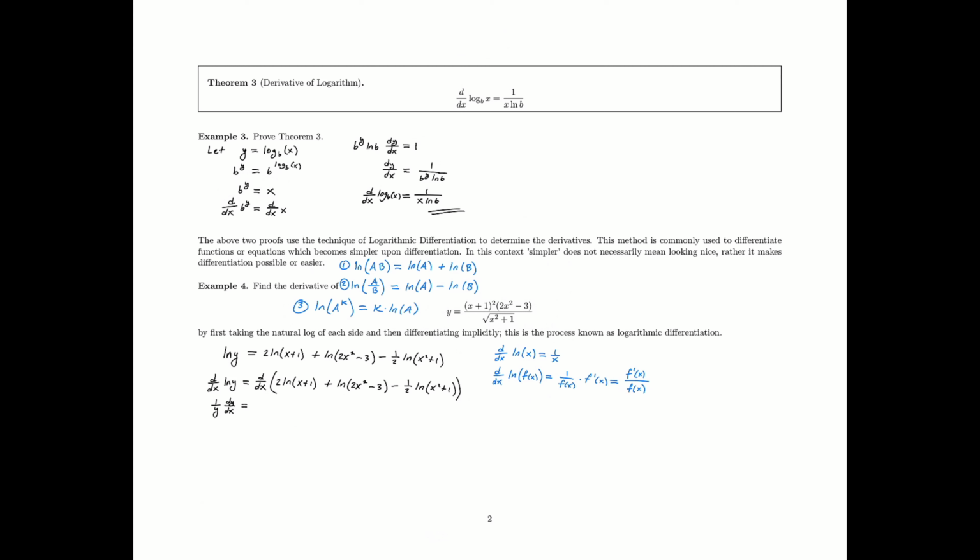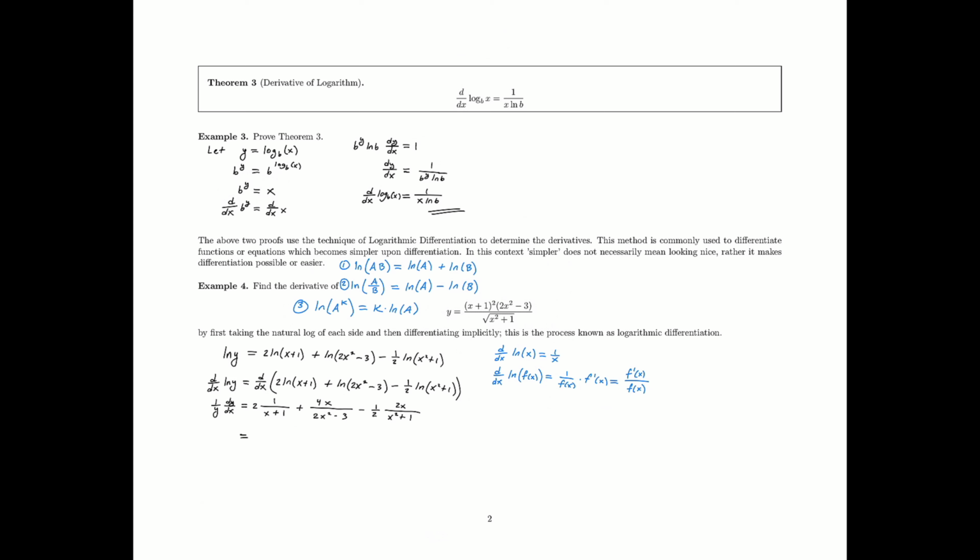So in this case here, these derivatives are pretty quick. We're going to have 2 times derivative of the inside divided by the inside plus derivative of the inside divided by the inside minus 1/2 derivative of the inside divided by the inside.